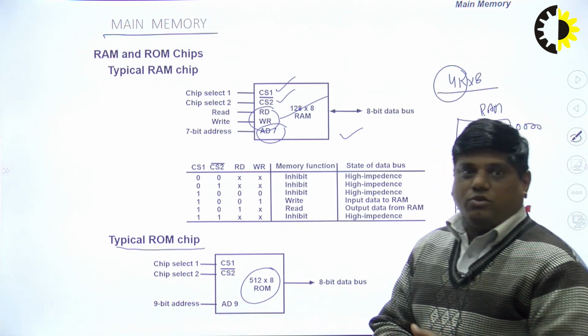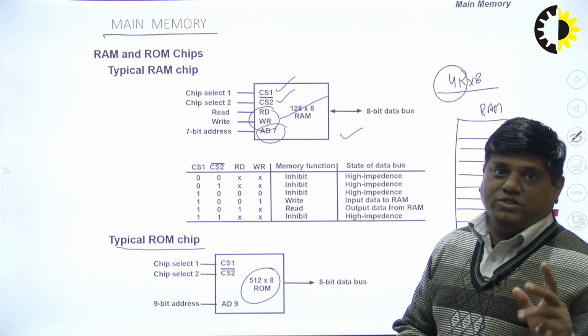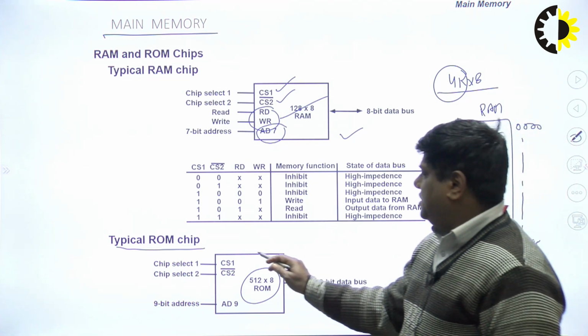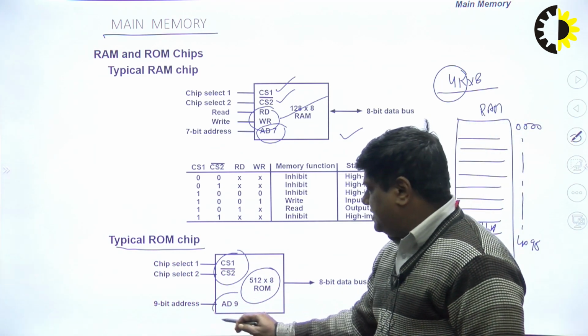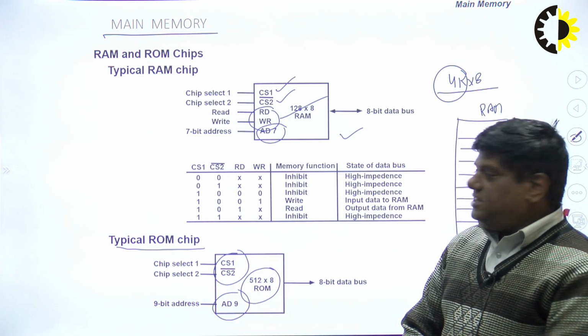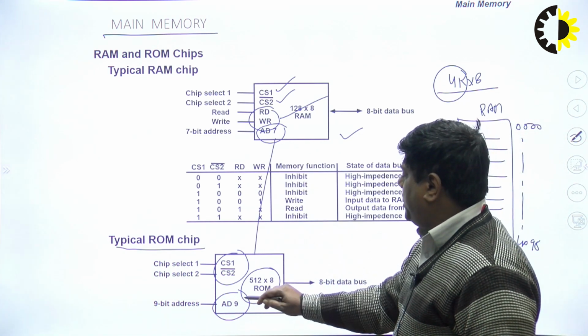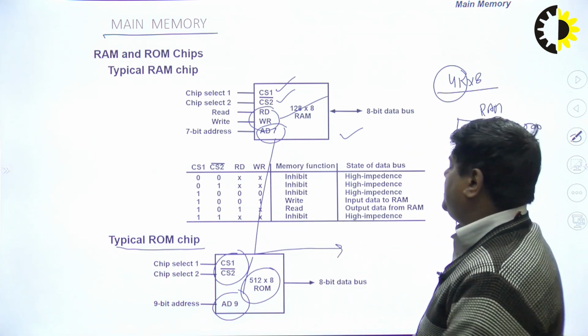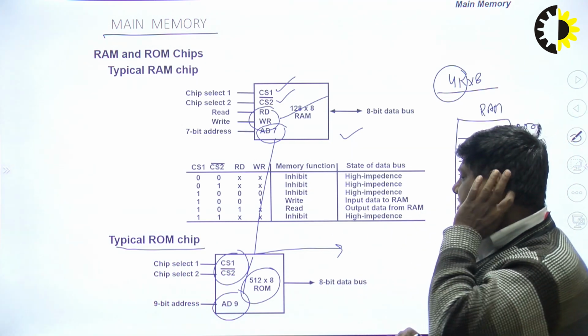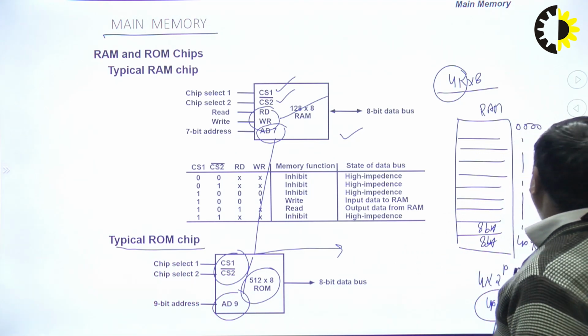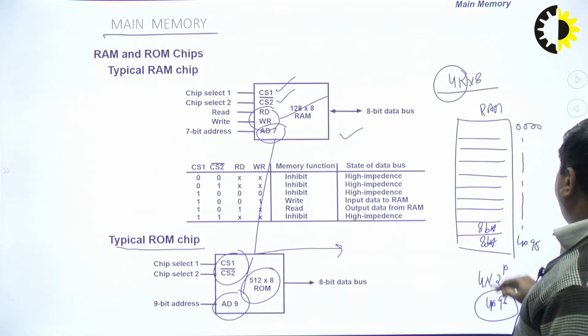But the function of ROM consists of only 3 signals: chip select 1 and chip select 2, and the address and data bus. The address and data bus depend upon the size of the memory.